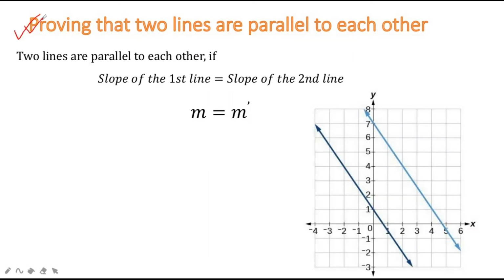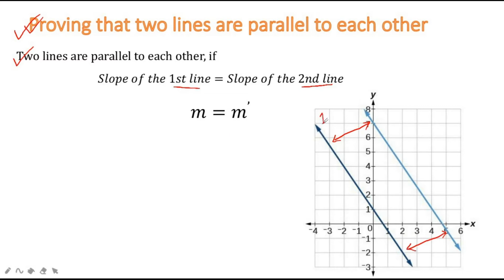Next, how do we prove that 2 lines are parallel to each other? Now 2 lines are parallel to each other if the slope of the first line is equal to the slope of the second line. You can see out here these 2 lines are parallel since they are equidistant to each other at all points.